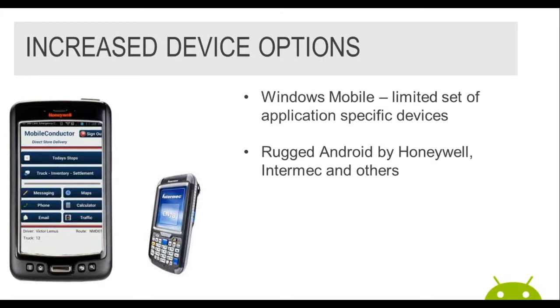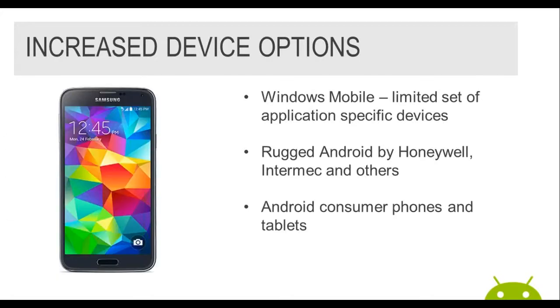They can be dropped, they can get wet, different things like that. Also, they have keyboard options that you're generally not going to find on a standard consumer-grade device. And then, one of the more important features, being able to utilize a laser scanner or an imager for scanning barcodes. So a lot of different great functionality moving in that direction.